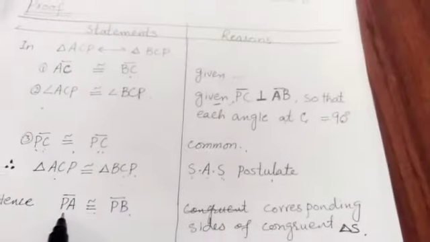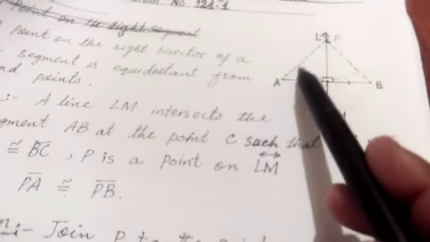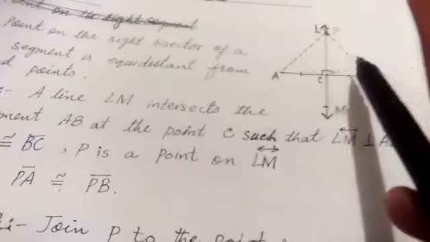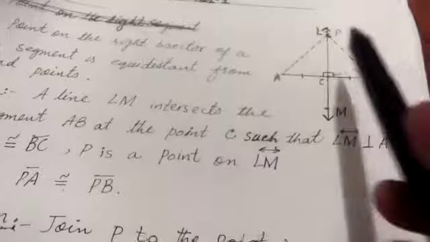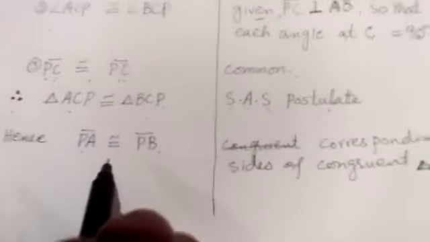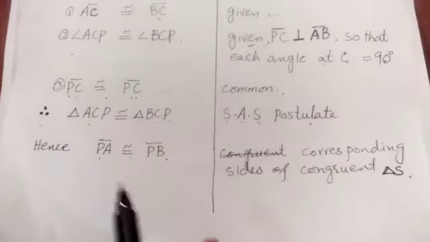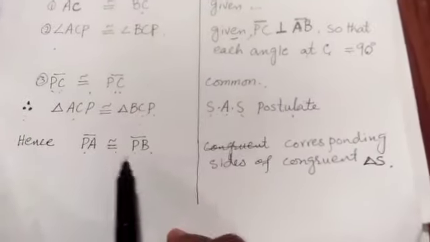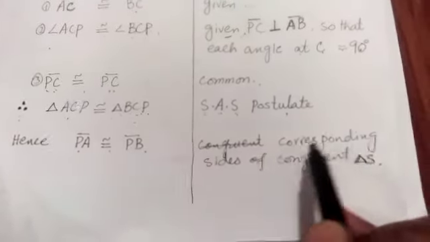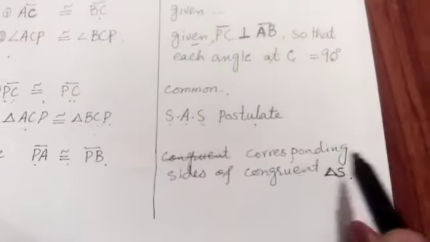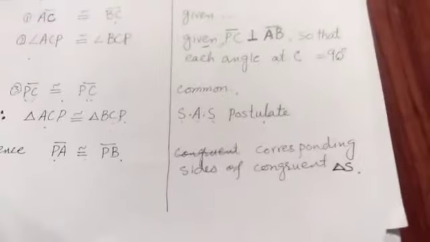So PA is the side of this triangle. It will be congruent to its corresponding side PB of this triangle. And this was what we were required to prove. Hence, we prove that PA is congruent to PB, and we write here the reason: corresponding sides of congruent triangles.